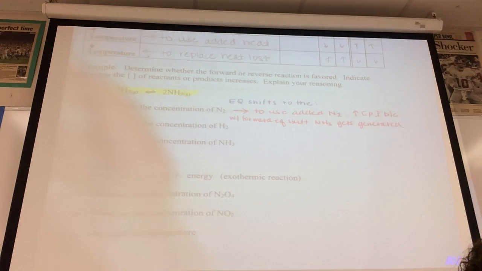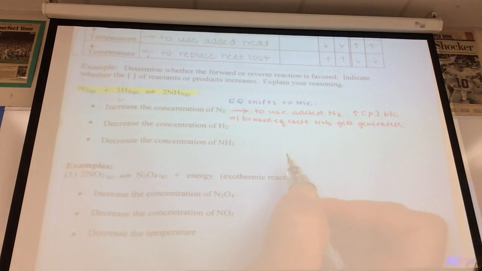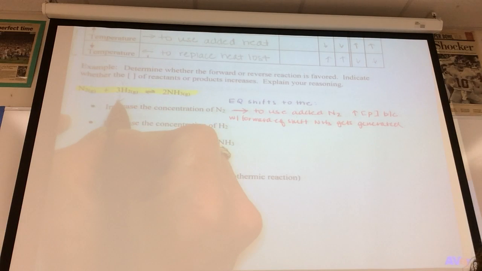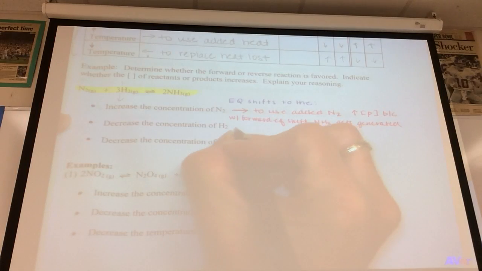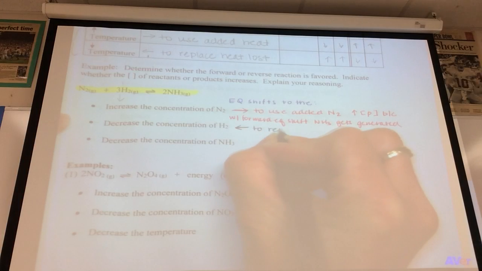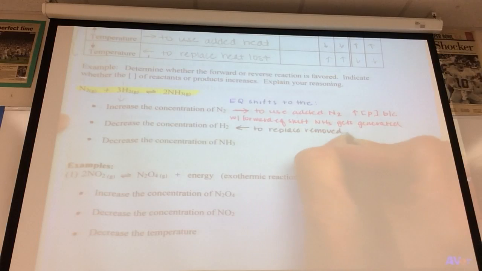If we were to decrease the concentration of hydrogen gas, equilibrium shifts to the... if we decrease, we have to shift toward it, and it's on the left, so equilibrium shifts to the left to replace removed hydrogen gas. And as a result, what will increase, reactants or products?